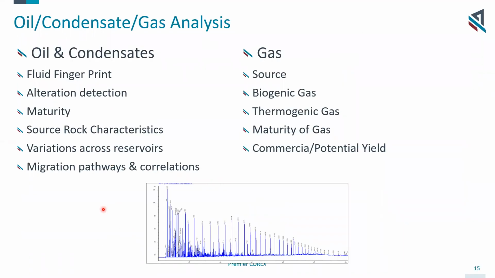And finally, and my feeling is that this applies mainly to fresh samples, it is possible to extract oils and condensate material from the pores. So there are pores present in the cuttings, and to do fluid fingerprint analysis.